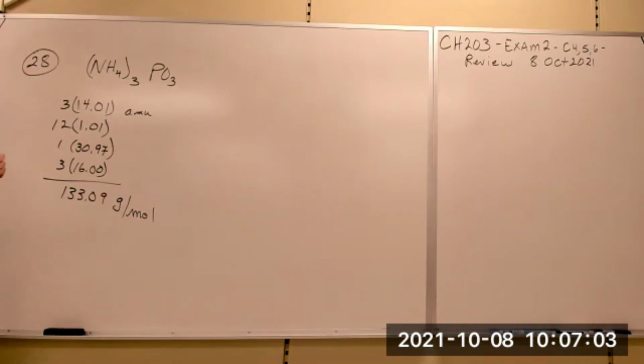Avogadro's number, that's a hint. It's big. Starts with a 6. What's the guy's name? Avogadro. Okay, 6.022 times 10 to the 23rd. That's a mole. If you have that many of these units, then it will weigh that many grams.